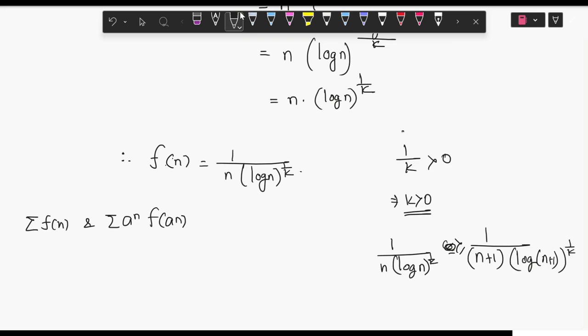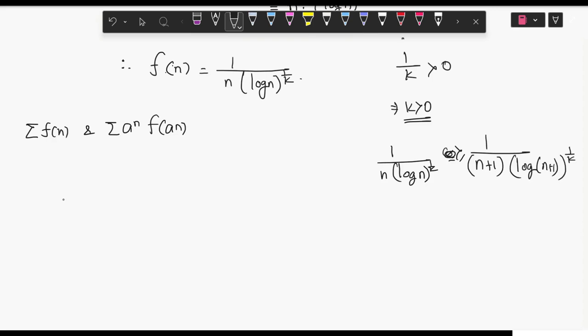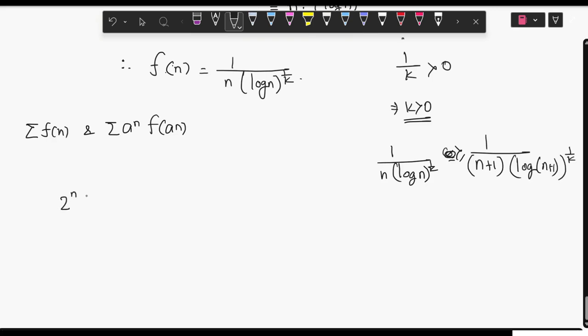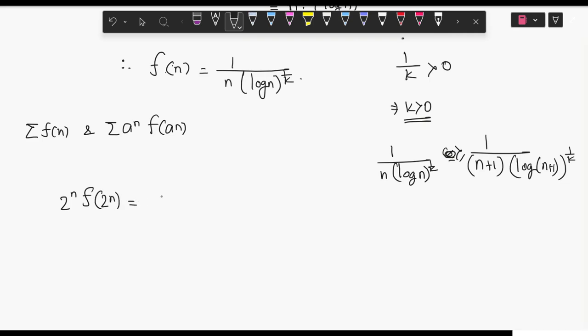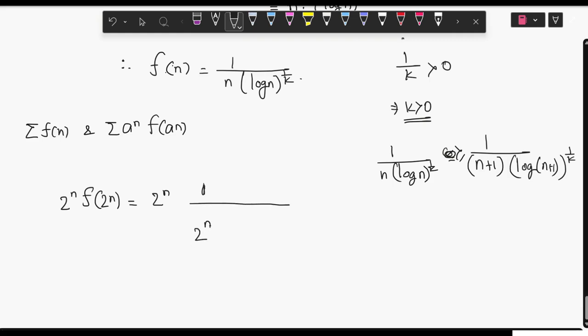So I'm calculating the value of 2 to the power n f of 2 to the power n. Let us check. 2 to the power n f of 2 to the power n is equal to 2 to the power n times 1 by 2 to the power n into log of 2 to the power n is whole to the power 1 by k.